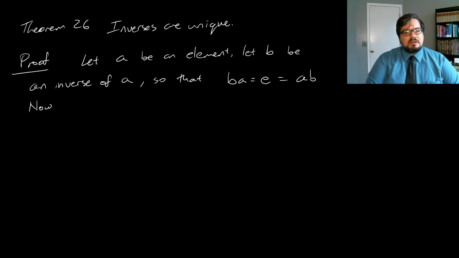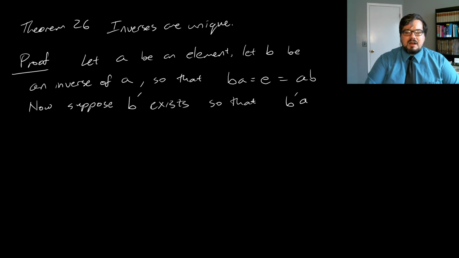Now, let's suppose that B prime exists so that B prime times A is the identity. Then that means that B prime A is equal to BA, because B times A is the identity.